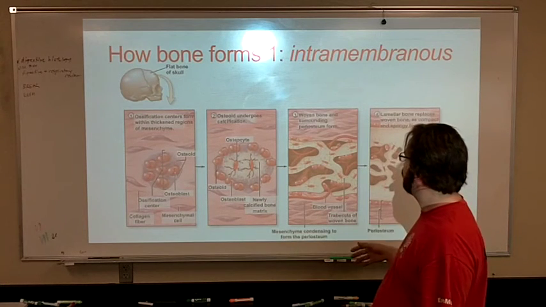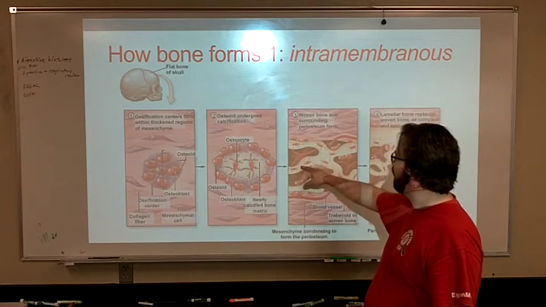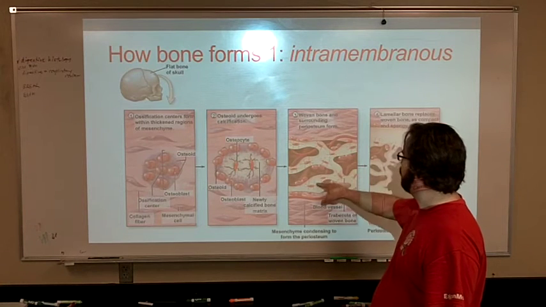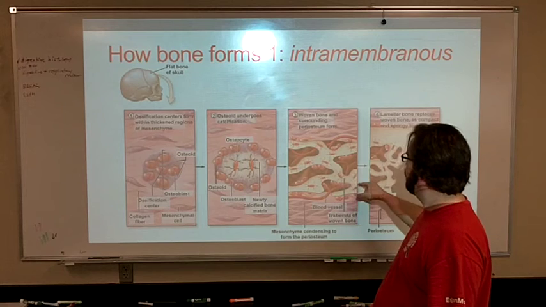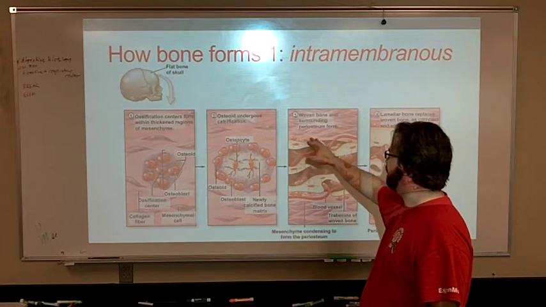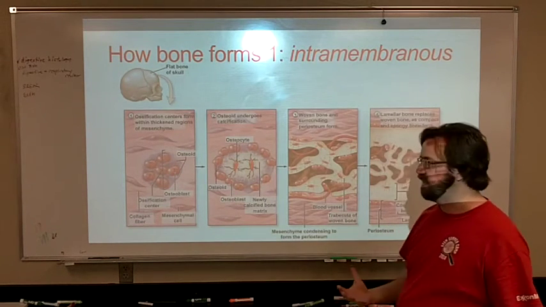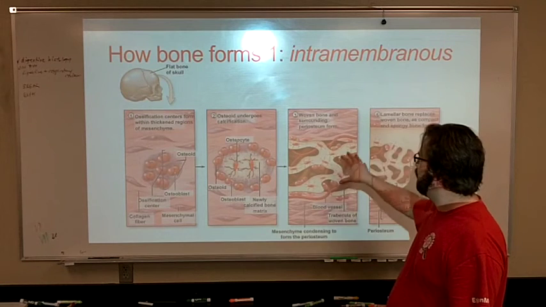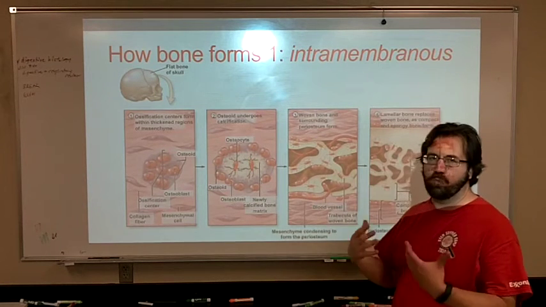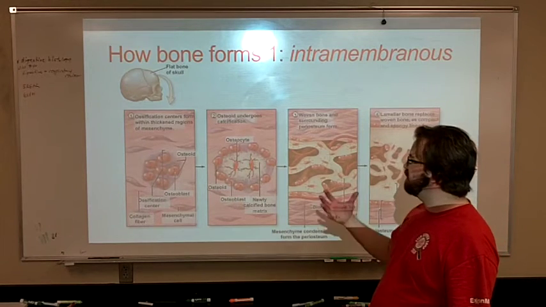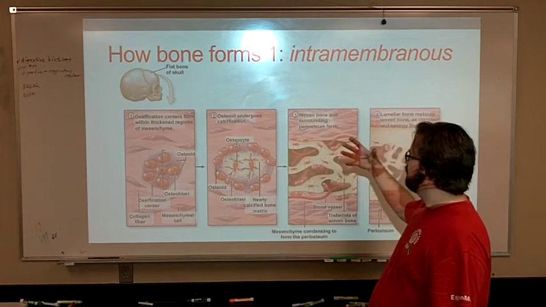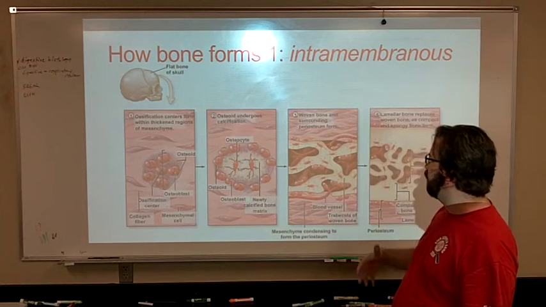And as the bone grows, you have bits of calcified bone with osteocytes trapped in it that just grow together spontaneously from randomly different directions. And the bone type that's formed there is called woven bone. So ossification centers form, they come together to make woven bone.